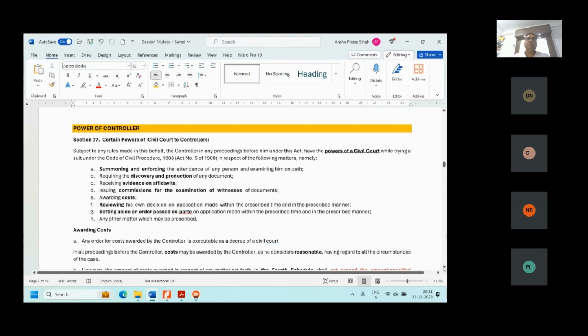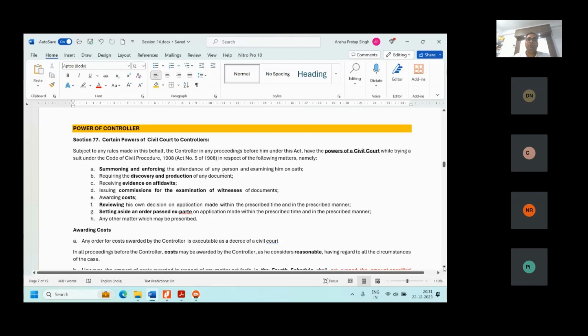There can be a few things which a person knows, and there is no other documentary evidence. He can only come and explain that. Then that person is going to give you oral evidence. If we take oral evidence, we take it on oath. Or you can take evidence from people in an affidavit.